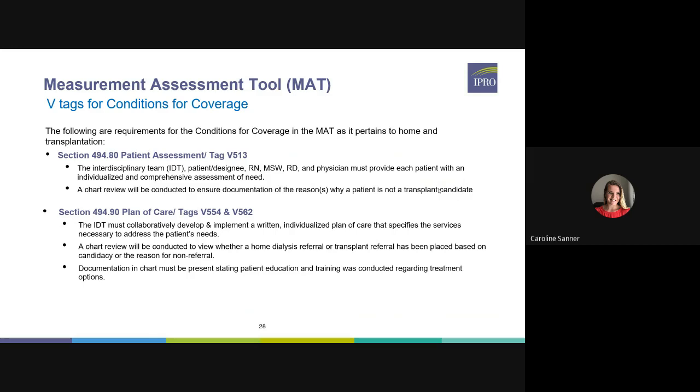So there will be a chart review indicating whether the referral was placed or why it wasn't placed. Documentation in the chart must be present stating that patient education and training was conducted regarding treatment options. So those 3 V tags and 2 sections in the Measurement Assessment Tool tell you the rules of the game and what's required during a state survey.